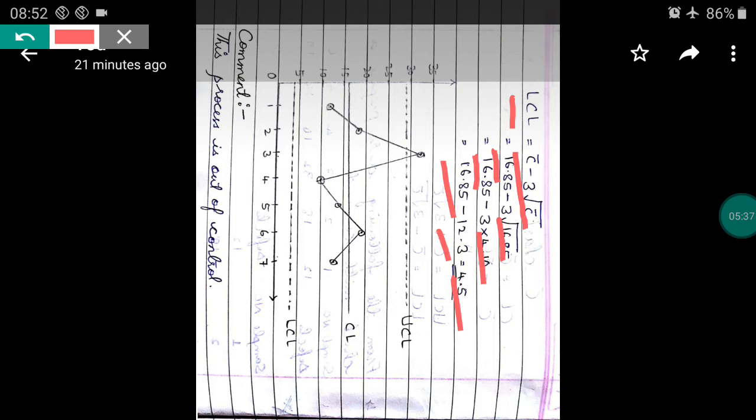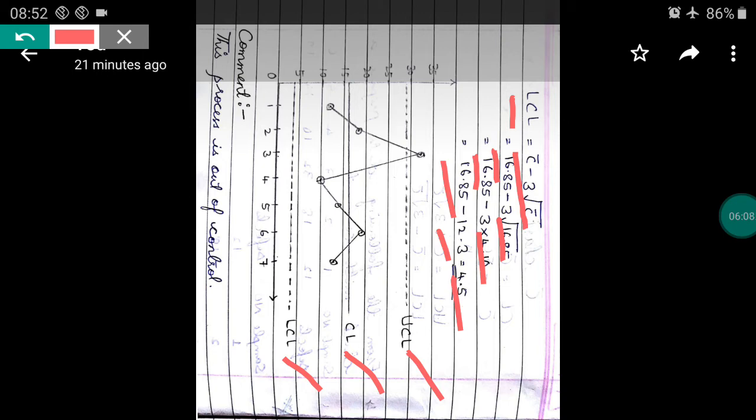Now we have got the values: CL is 16.85, LCL is 4.5 and UCL is 29.15.